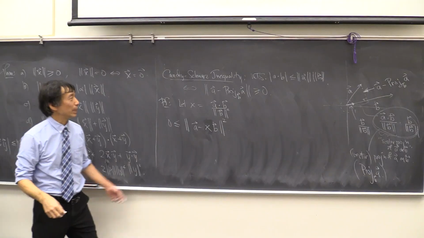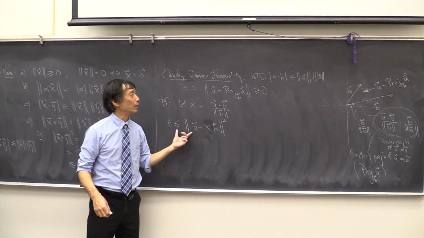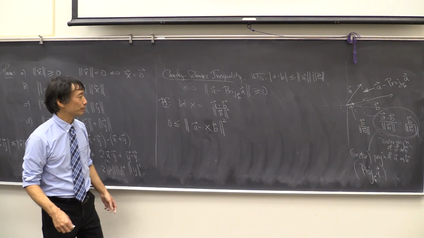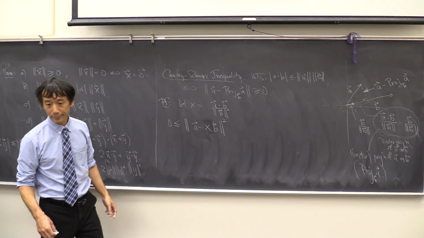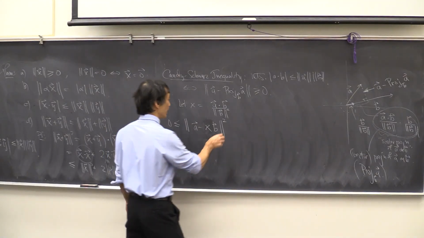That's our statement, that the magnitude of a minus its projection, squared, is greater than or equal to 0. Okay, and we just calculate it out and see what it means.